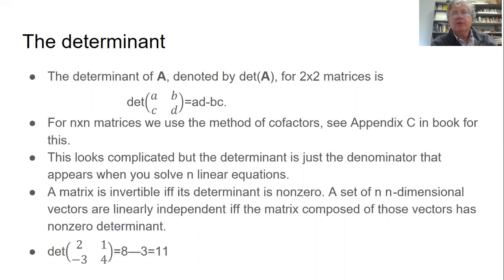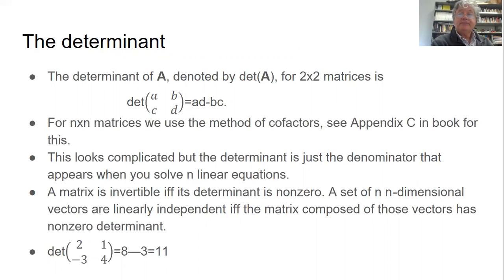Now the determinant looks complicated, but it's a really important thing. One place you see the determinant is if you try to solve a system of n linear equations. The determinant of the coefficients of those equations turns up in the solution.